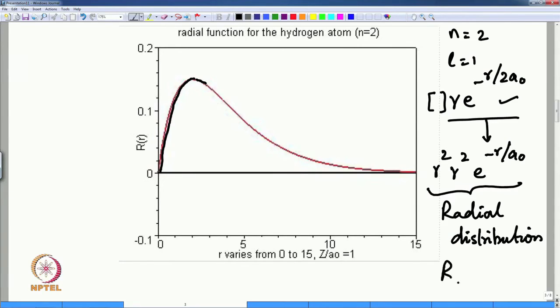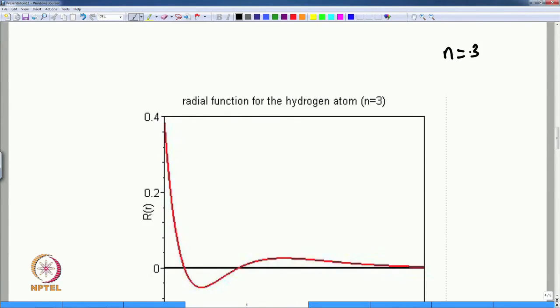This is the R 2 1 radial function square multiplied by r square. So, again the maximum that happens is quite far away from the 0.